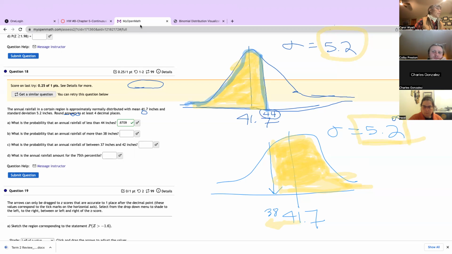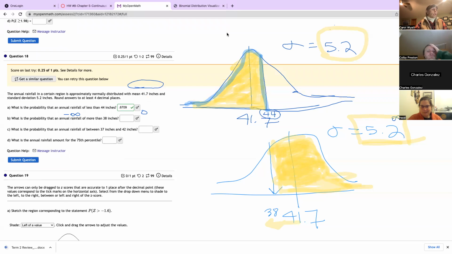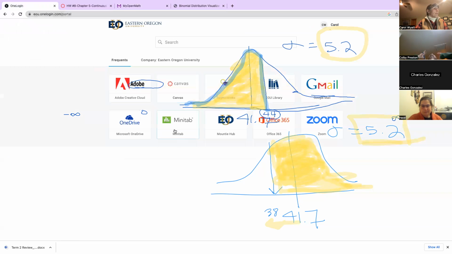So I'm going to take my calculator again. You're like, I don't have a calculator. And I'm not going to buy one this term. You can use Minitab. So I'll go to Minitab real quick. Show you how to do it on that.